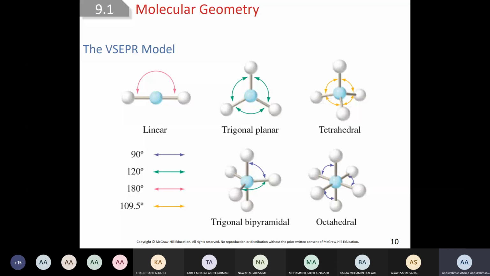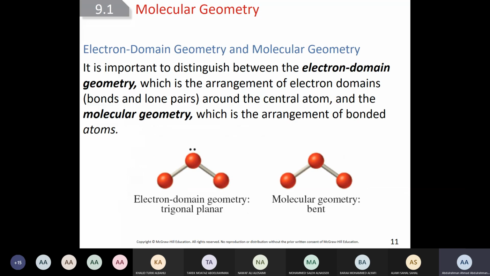Good. Now, as I said, we are talking about electron domain shape. But now I'm also going to talk about electron domain geometry and molecular geometry. Why is that?